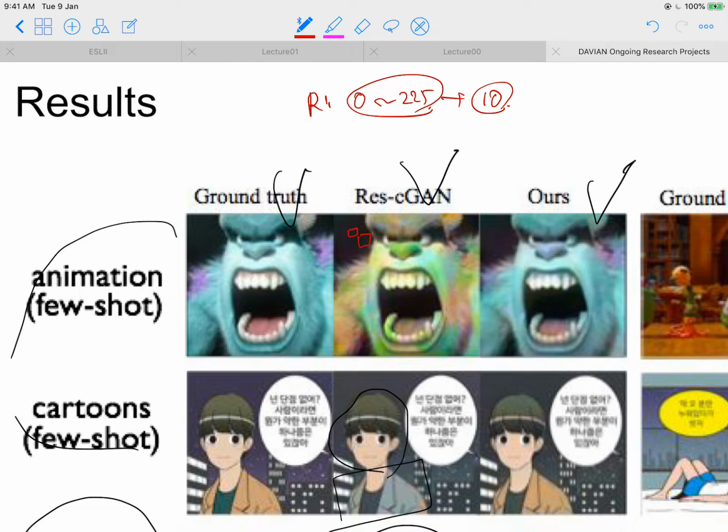But a better, more desirable way of discretizing this type of output is doing vector quantization instead of scalar quantization.